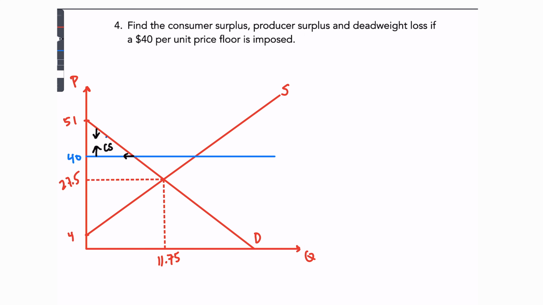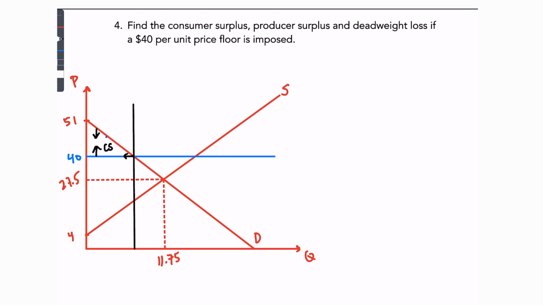Now, as far as producer surplus, by imposing a price floor of $40, fewer units will be sold. That is because consumers are going to be less willing to buy products if the price is higher. So the quantity will drop to right there, where the new price intersects the demand equation.